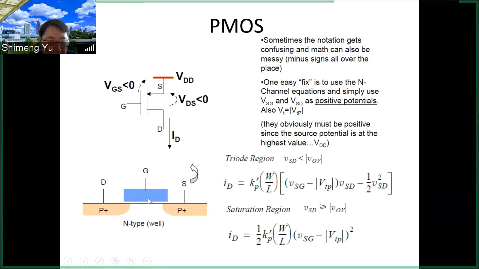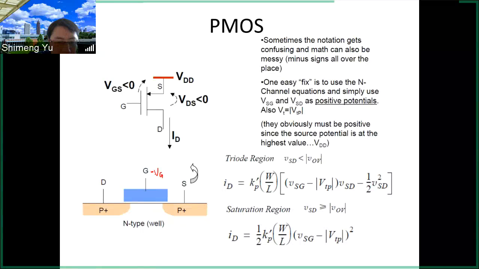And then for the PMOS, the operation principle is that we have to apply negative voltage to the gate to form the channel. The substrate is N-type, so you have to invert it to be P-type.